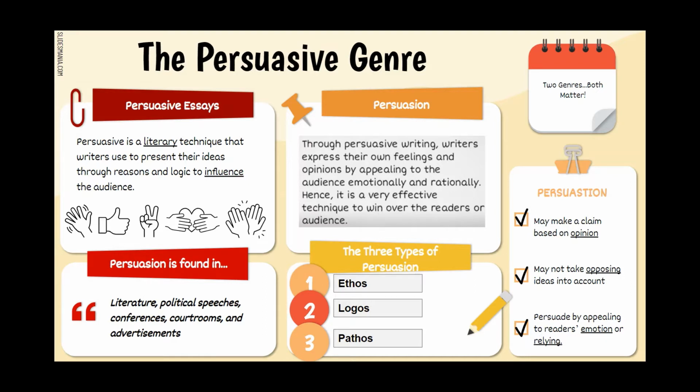Persuasion is found in literature, political speeches, conferences, courtrooms, and advertisements. The three types of persuasion: ethos, logos, and pathos. Persuasion may make a claim based on opinion, may not take opposing ideas into account, persuade by appealing to readers' emotion or relying.